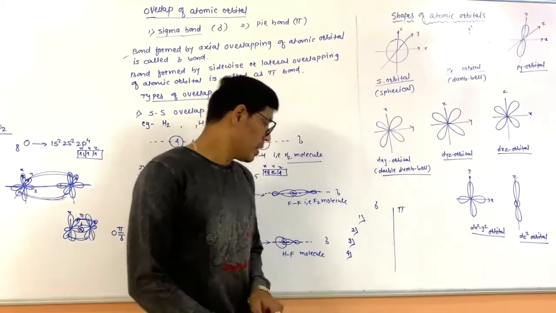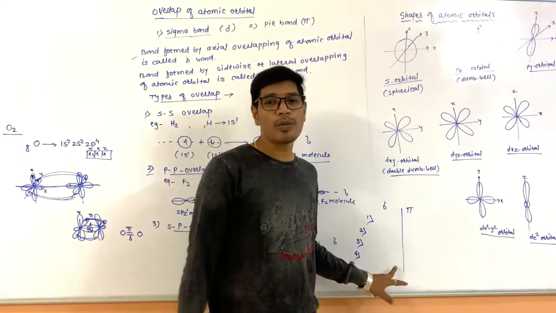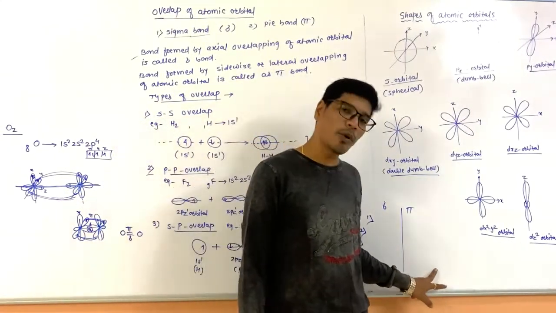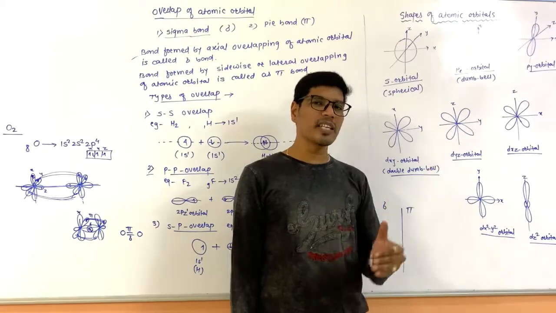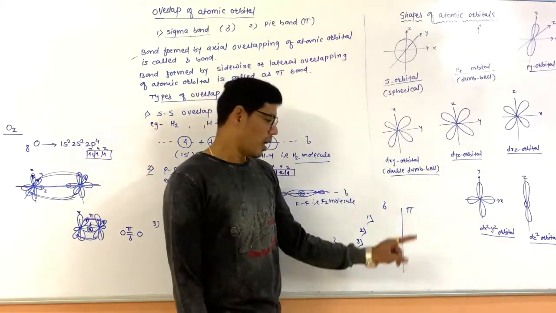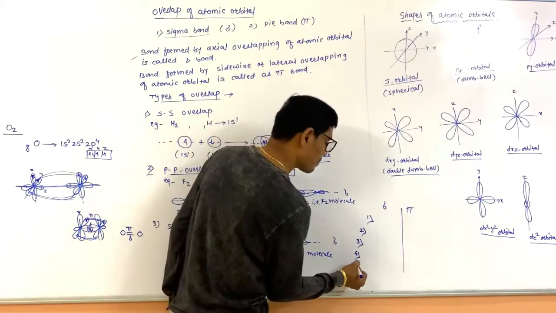This bond is formed along the internuclear axis. While here this bond is formed above the internuclear axis and below the internuclear axis. Above and below, and this one along.